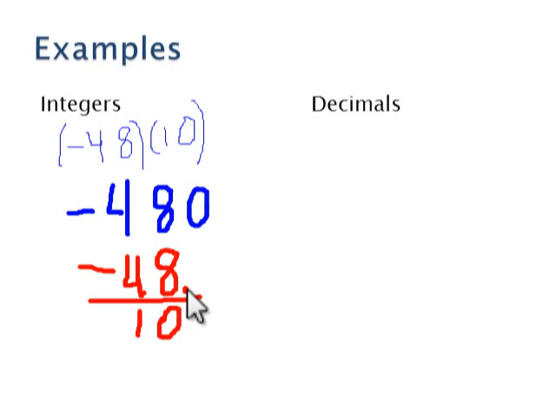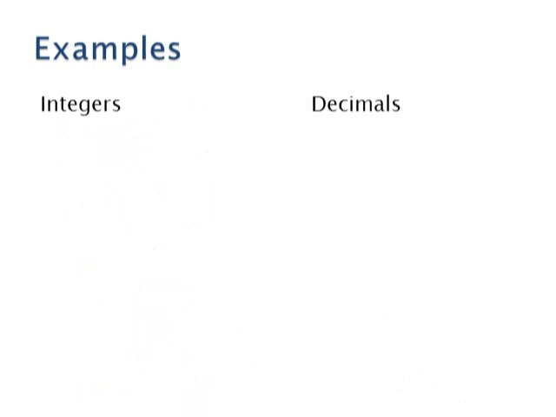When you divide by 10, you move the decimal point one place to the left. And so 48 divided by 10 is 4.8. Can't see the decimal point very easily. Okay, there we go. And since we have a negative divided by a positive, again, the signs are different, so we're going to use a negative sign. And we'll do one with the same signs in just a second. Okay, so that's the integers example that ended up with a decimal answer, but that's okay.